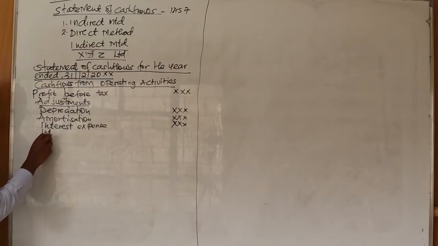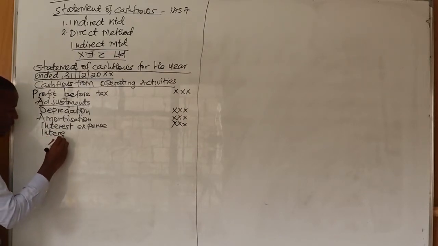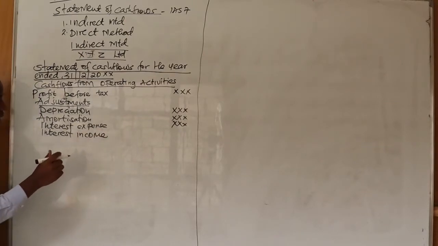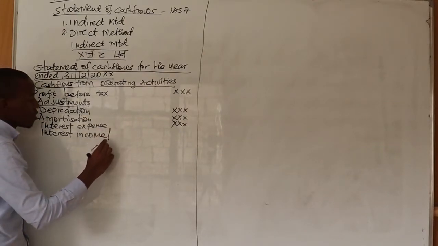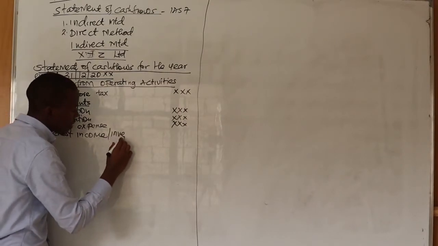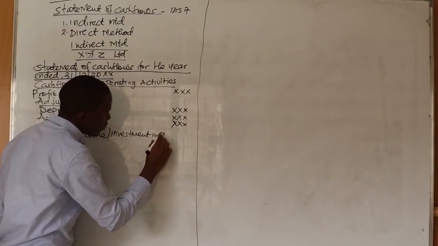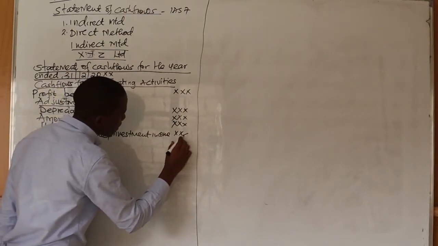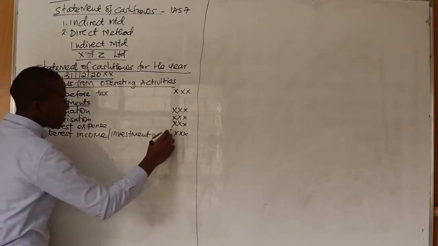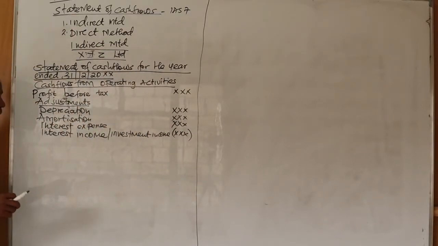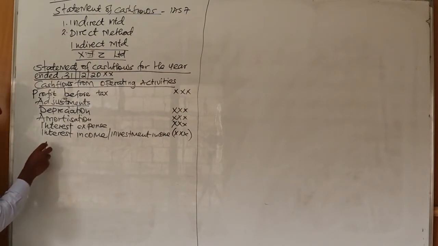Then we'll also have the interest income. Interest income is also what we call the investment income. Now investment income, in this case also, you will be required to less that, it was included as income. So in that case, it's part of investing. We'll be able to do it on the same.